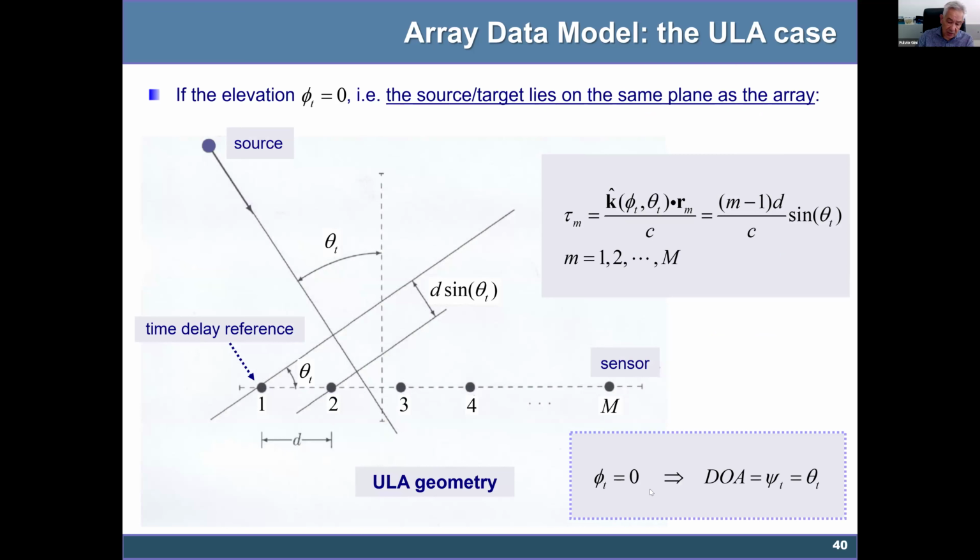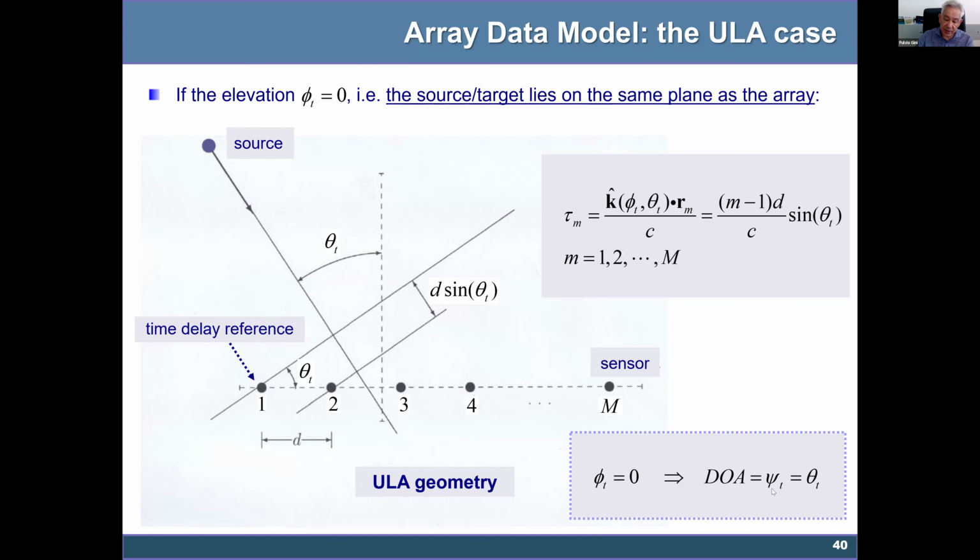If we can assume that the elevation is 0, in other words, the target, the source, and the array are on the same plane, in that case the relationship becomes this one, because cosine of phi is equal to 1.